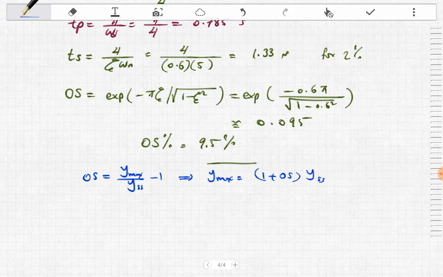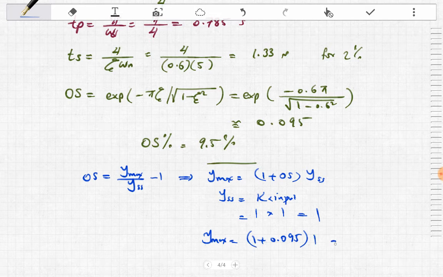The y steady state is equal to the DC gain times the input. The input is 1 and the DC gain is 1. So what is the steady-state output? 1, because I said unit step. Nothing mentioned about DC gain means 1. So now I can say that y max is equal to 1 plus 0.095 times 1, so 1.095. This is the maximum value of the output.